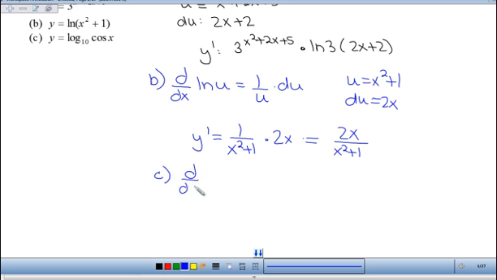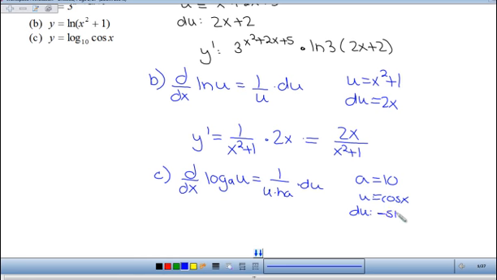For c, we need to use that the derivative of log base a of u is 1 over u ln of a times du. So a is 10, u is cosine of x, so du is going to be negative sine of x.